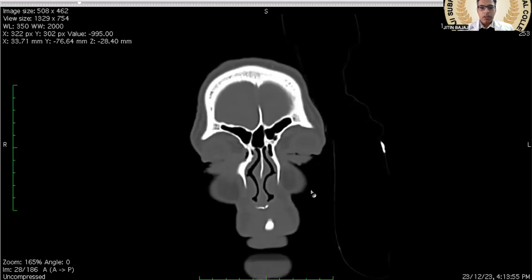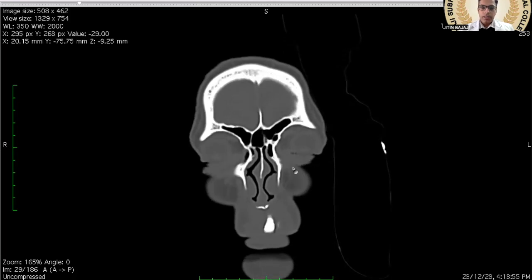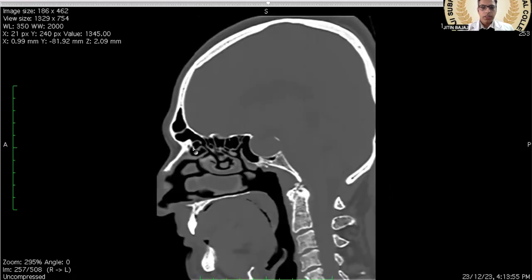Now we are seeing the first cell of the anterior ethmoidal air cell group. This is the agger nasi cell, and it is very well seen in the sagittal section, which I'll be showing. The agger nasi cell is bounded anteriorly by the frontal beak and posteriorly by the frontal recess.